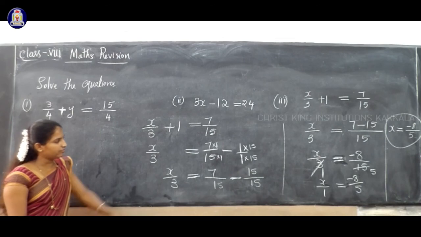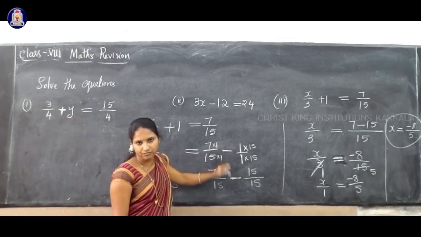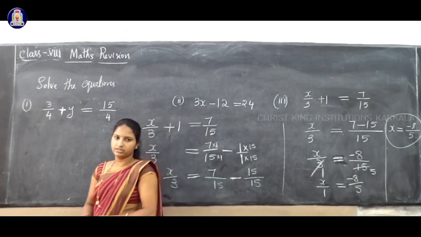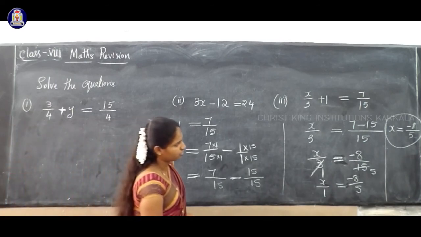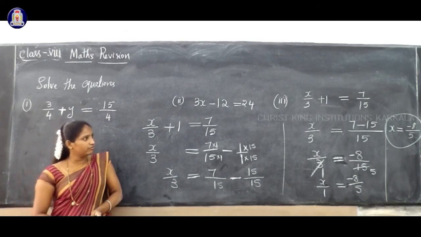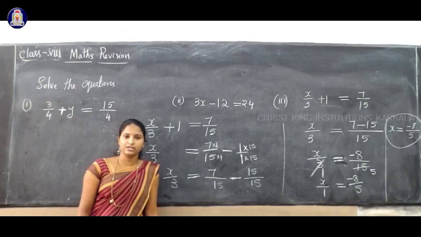Understood? So 7 by 15 minus 1. So here the denominator is different. First you have to make the same denominator, then you have to simplify the numerator. Clear? Therefore the final answer we get is x is equal to minus 8 by 5. Clear? If you want, you can verify your answer. That means substitute the x value in the equation. Clear?